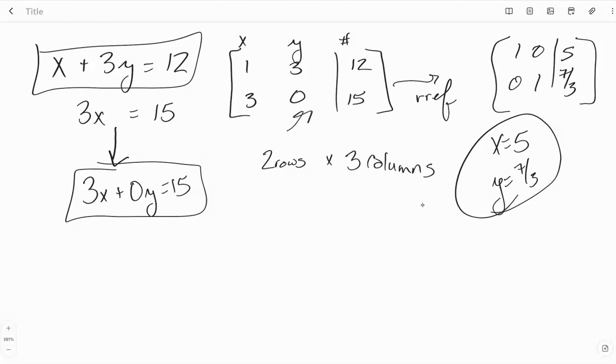So augmented matrix, solution matrix, and the answer. And that's how you would take a system of equations, turn it into an augmented matrix, use technology to turn it into RREF and find the solution.